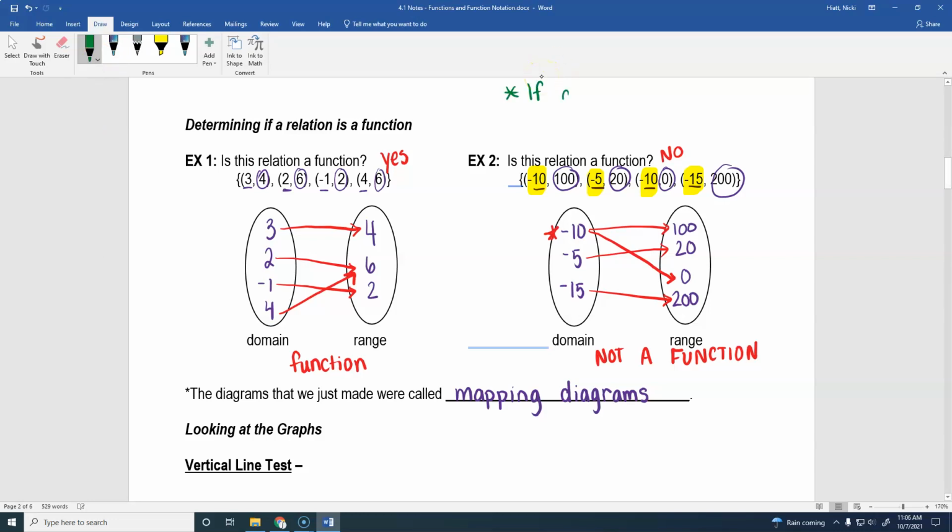If an x value is repeated, the relation is not a function.